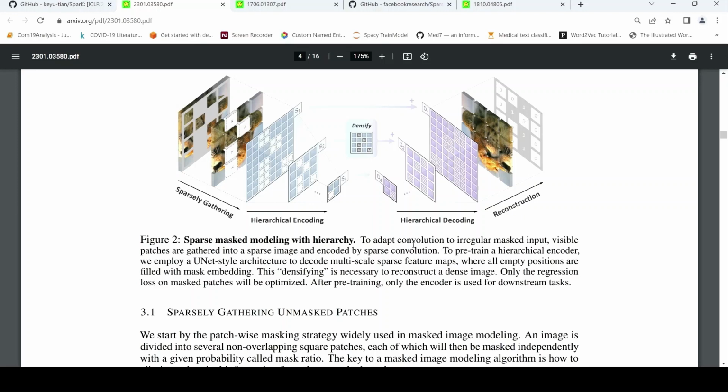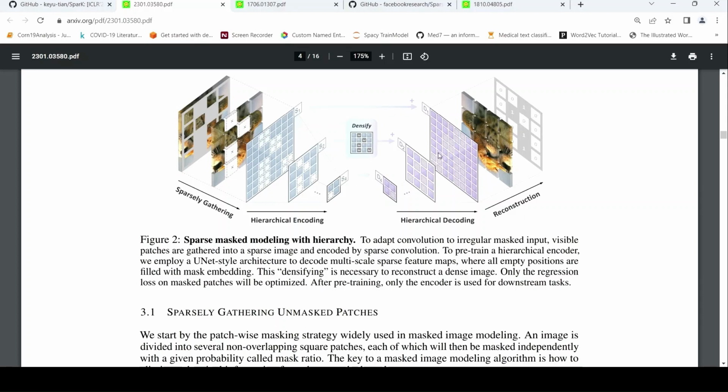So they say that to adapt convolution to irregular masked input, visible patches in the image are gathered into a sparse image and encoded by sparse convolution. Then to pre-train a hierarchical encoder, they employ a UNet-style architecture to decode these multi-scale sparse feature maps, where all empty positions are filled with mask embedding. This densifying is necessary to reconstruct a dense image.